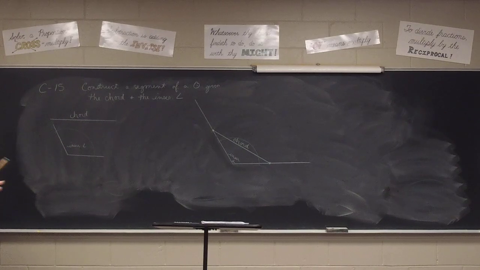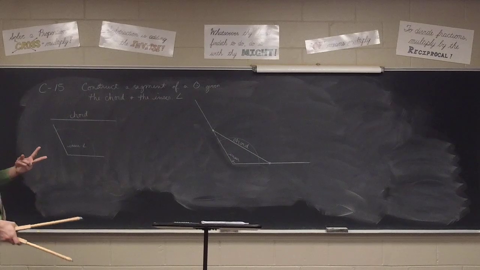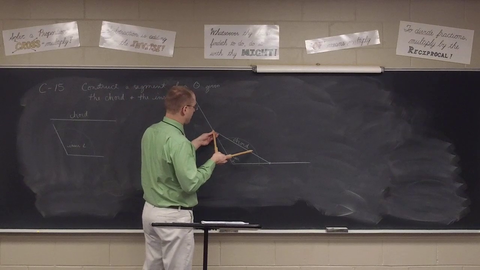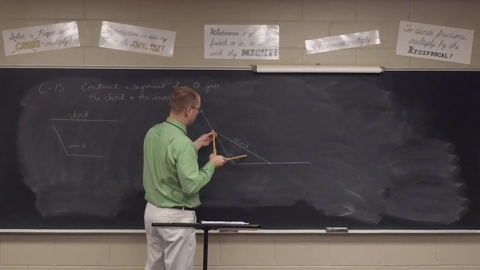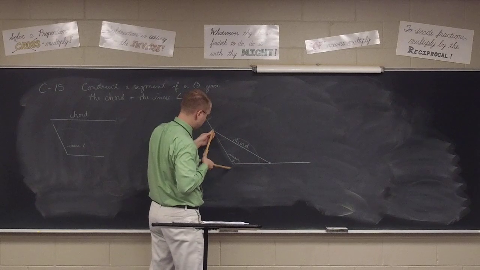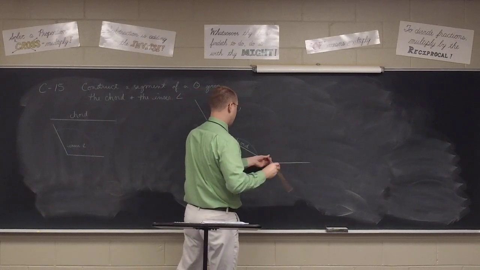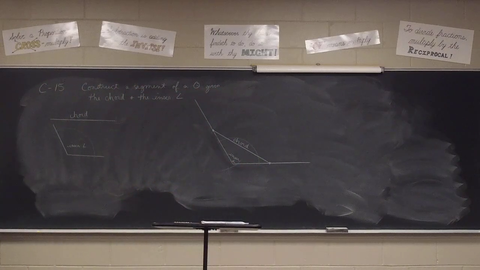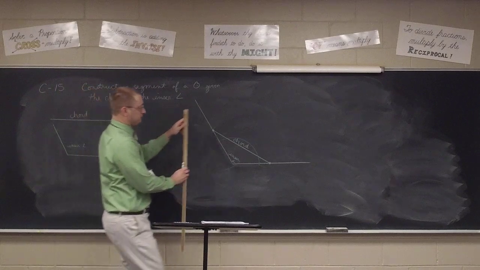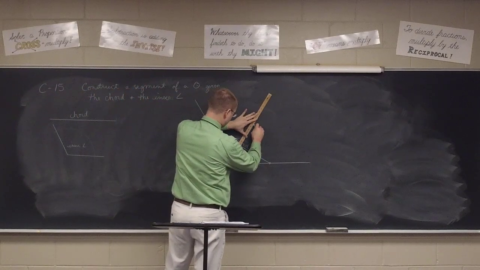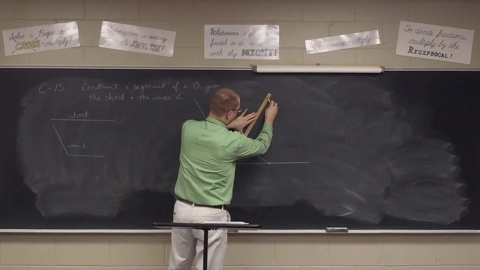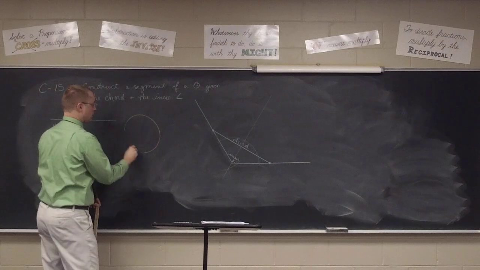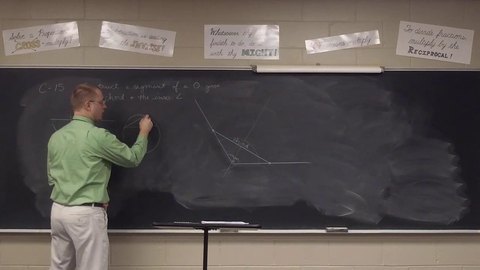Well, in construction 12, remember, we need to have at least 2 perpendicular bisectors. So I'm going to start by perpendicular bisecting the chord. And of course, that'll technically give me a diameter, wouldn't it? I don't see the circle yet, but I know there's a diameter there. And you realize technically, remember the picture? Chord, chord, chord.